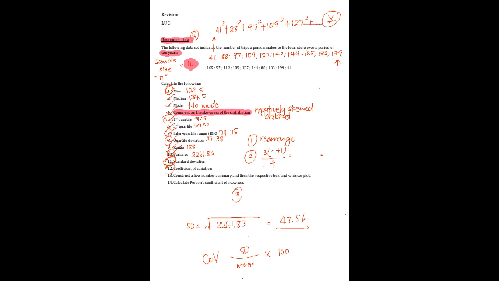So your standard deviation is what we just calculated here, 47.56. So it's 47.56 over your mean, which is in question one, right at the top here, 129.5.